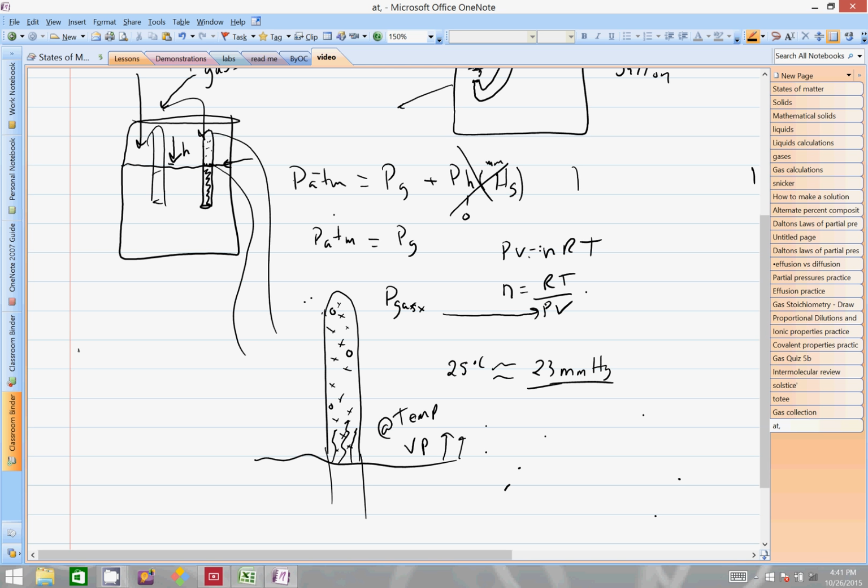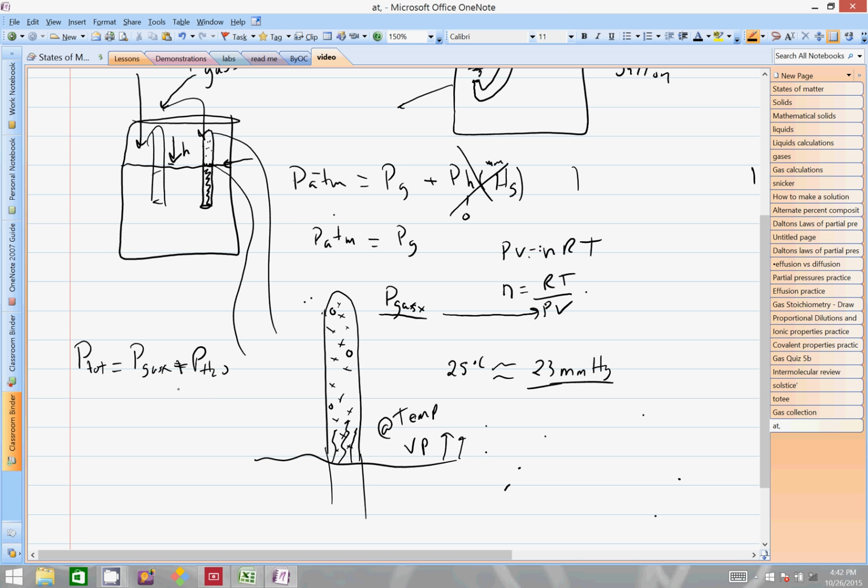So Dalton's law of partial pressures says the total pressure is equal to the sum of the pressures we have. So I have the pressure of my gas X plus the pressure of the H2O. So in this case, this actual pressure that we're thinking of isn't all the stuff we put there. Some of that pressure is due to water vapor. So if this pressure was, let's say, 750 millimeters of Hg, actually let's do the total.